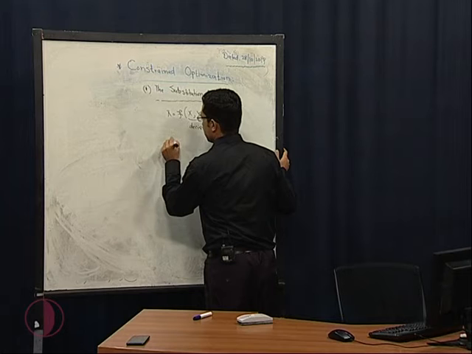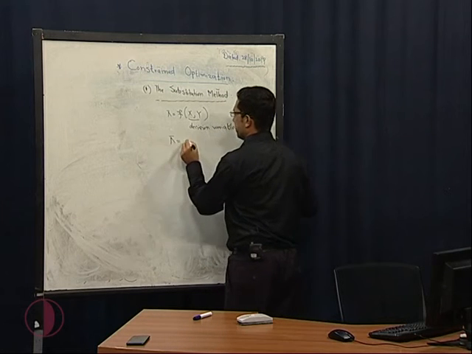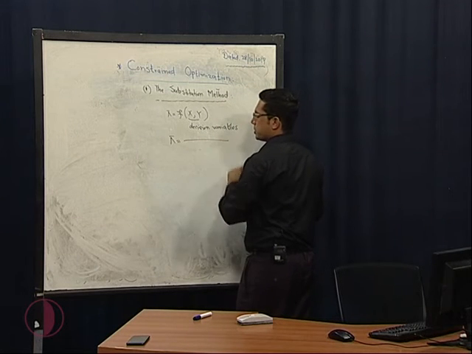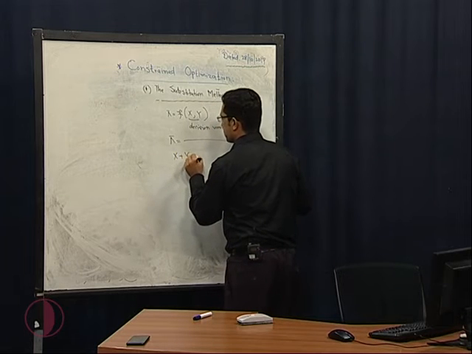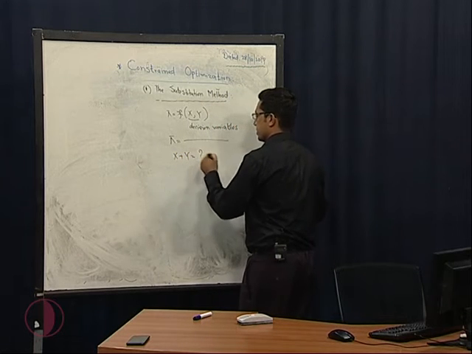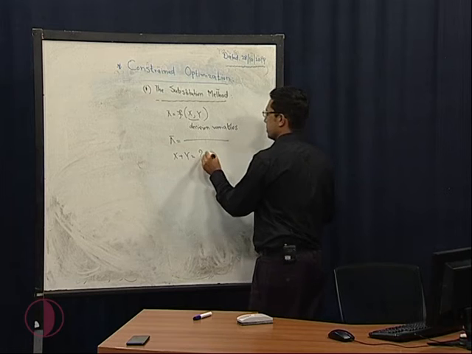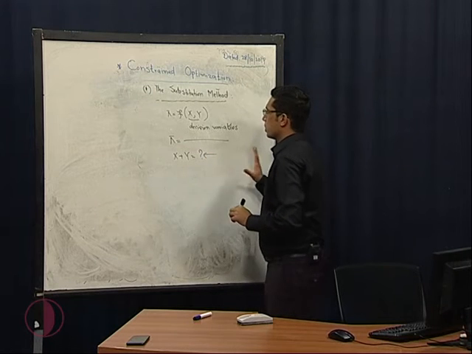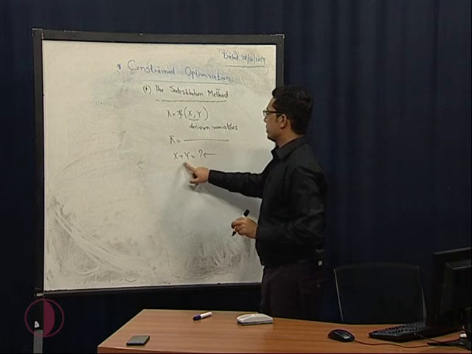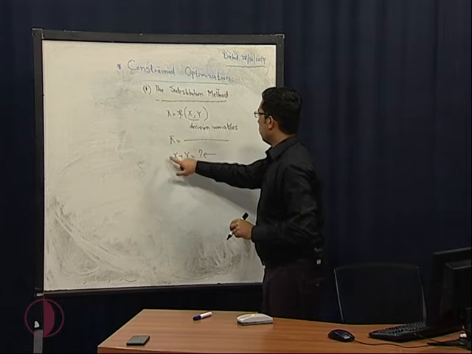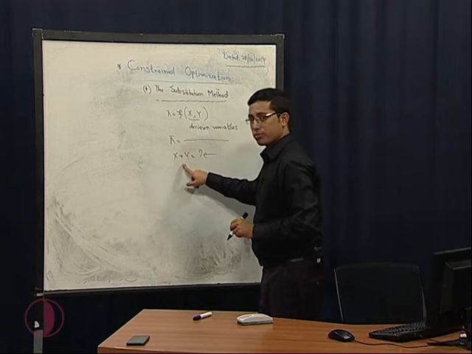For example, we have the profit function. This is the original objective function, and here we have a constraint. For example, x plus y is equal to some value. This is known as the constraint function. So, in this substitution method, first we will solve one of the decision variables from the constraint function.